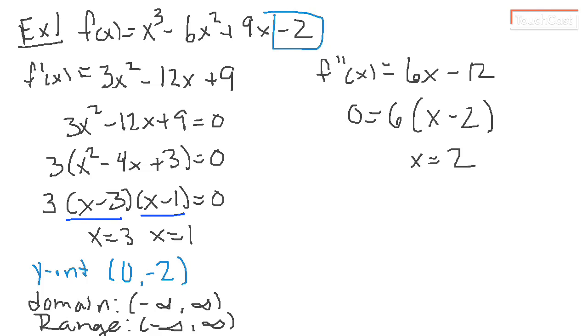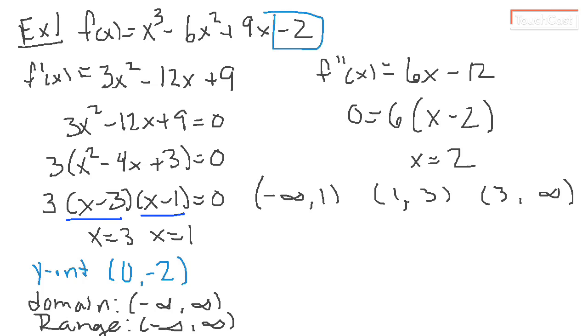Now the intervals we're going to look at, we're going to take our critical numbers in mind. We're going to look at the interval from negative infinity to 1, the interval 1 to 3, and 3 to positive infinity. Now, test numbers.